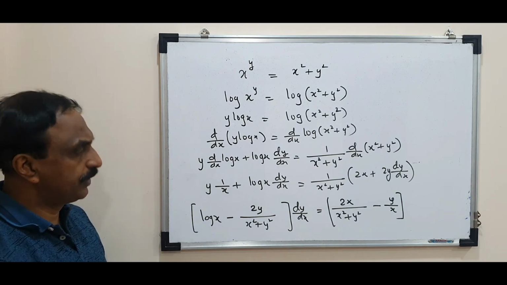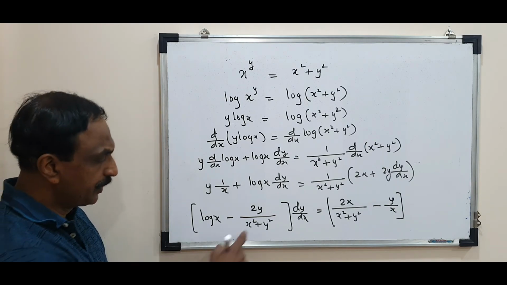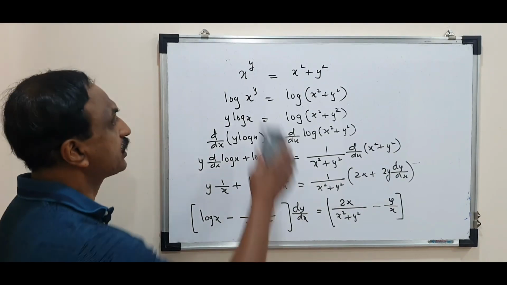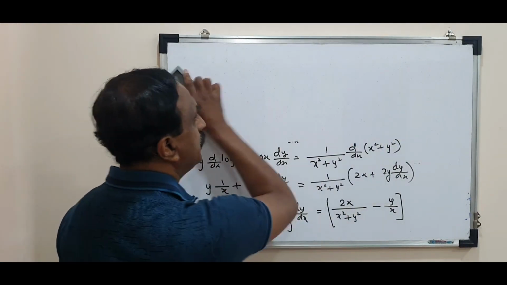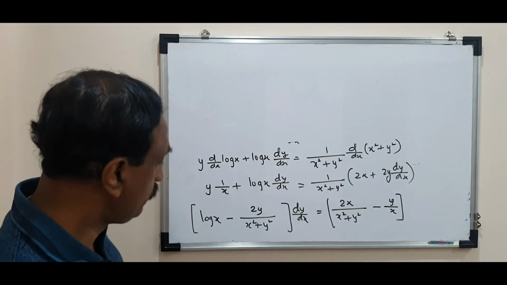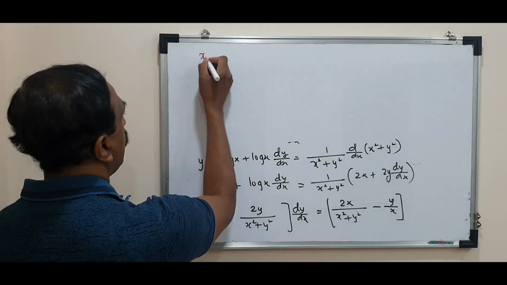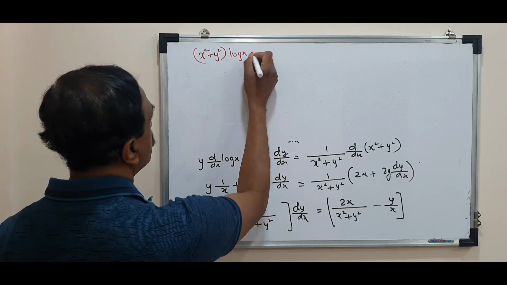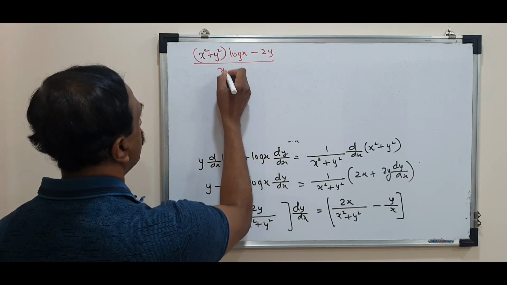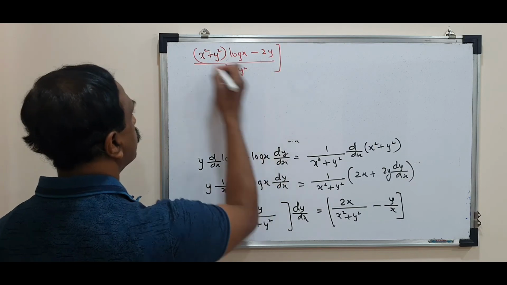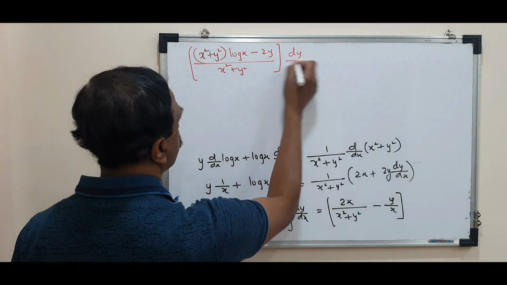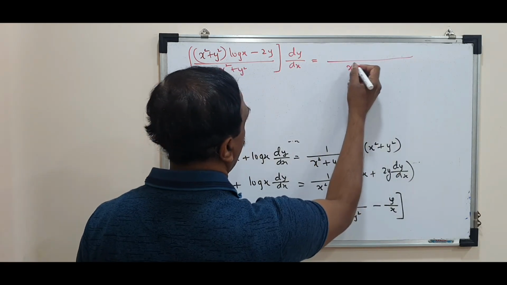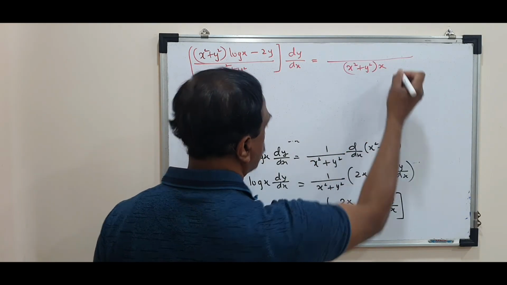Now it is up to you whether to take LCM or not to take LCM. If you take LCM, this x square plus y square can be cancelled. So I'm going to take LCM in this problem. So if I take LCM, I'll get x square plus y square into log x minus 2y divided by x square plus y square into dy by dx is equal to, here again, x square plus y square into x.